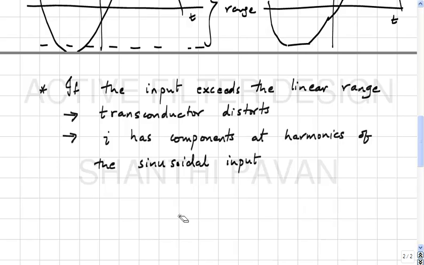So, even if the I versus V characteristic is not a nice piecewise linear characteristic like this, but some kind of gentle curve, as I go on increasing the input amplitude, the levels of harmonics in the output current must go on increasing. So, one might say, I define my linear range as that voltage which gives me say 1% harmonic distortion in the current. We keep that as a standard definition and keep going ahead.